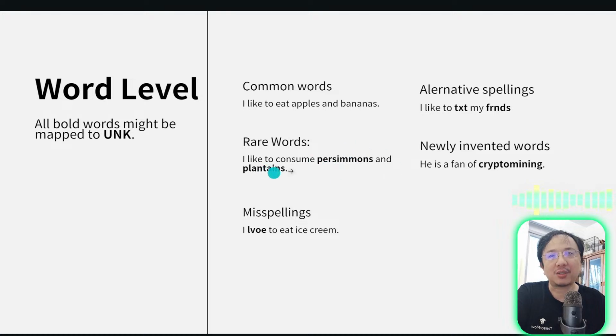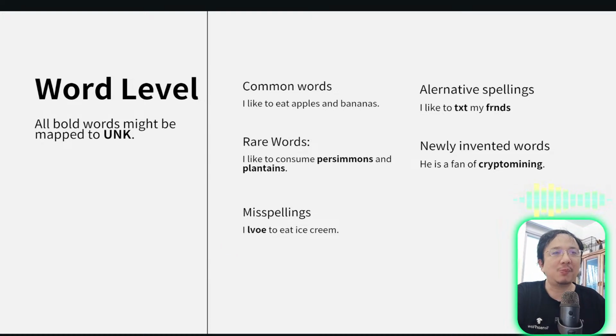Like in the boldface, these two words may be mapped to a special token called unknown. Or a lot of the time we misspell something, like this one: it should be love. Ice cream is spelled correctly, but love is LOVE, not LVOE. This is not in the dictionary, but since we can read it, it can appear in real data.